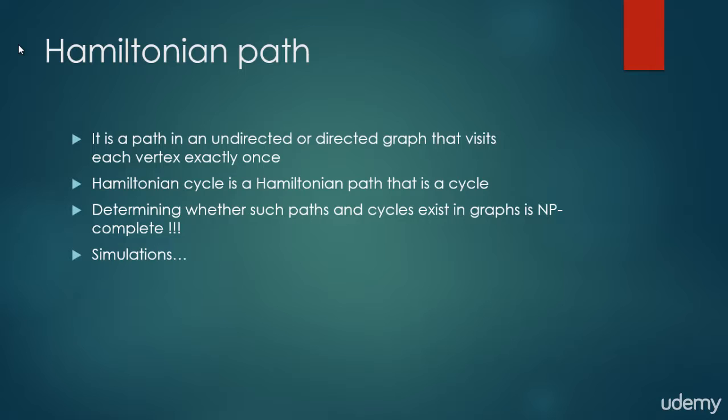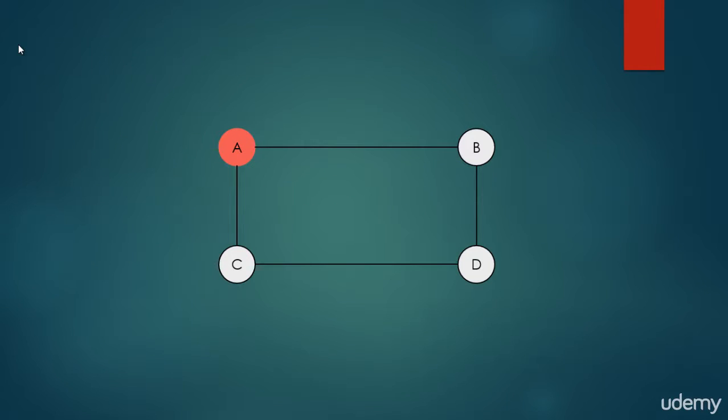So why is it important, the Hamiltonian cycles, why are we talking about it so far? For example, in this situation we have 4 vertices and 4 edges, and it's quite straightforward how to form a Hamiltonian cycle. And as we have discussed earlier, we visit each vertex exactly once.